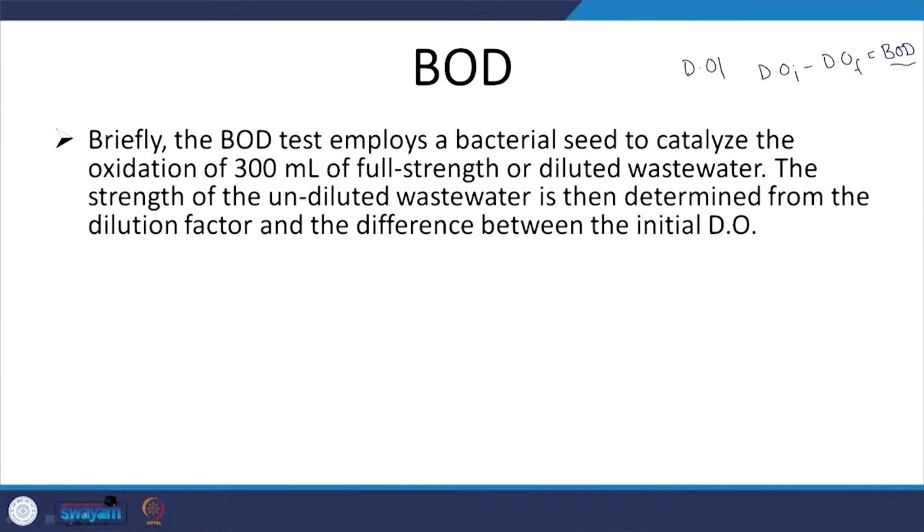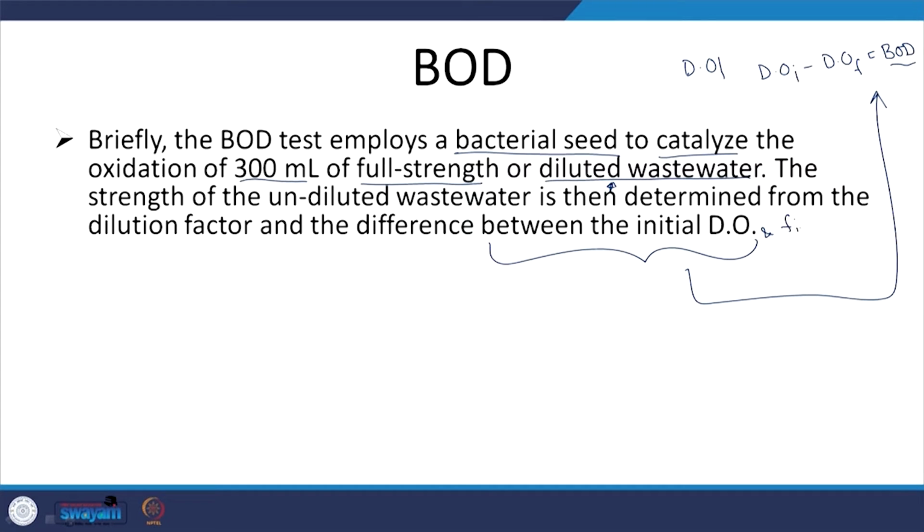The BOD test employs bacterial seed, if we assume that there is no bacteria or microorganisms in the relevant sample, to catalyze the oxidation of 300 ml of full strength or diluted wastewater. We will look at why we need to dilute the wastewater. The strength of the undiluted wastewater is then determined from the dilution factor and the difference between, as I mentioned, the initial DO and the final DO.